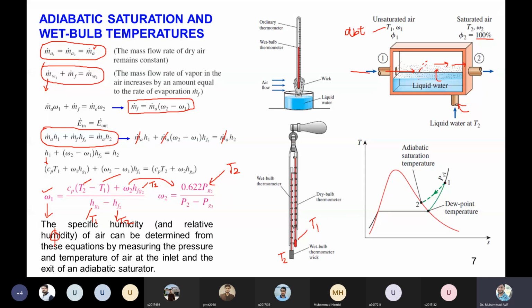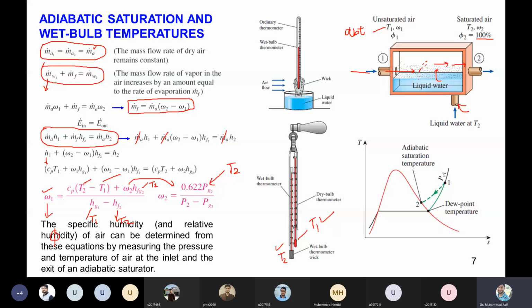So what we need is basically T1 and T2. Then we can have omega 1, and once we have omega 1, we can get the value of phi. The digital thermometer has a small chip inside, programmed based on these two equations.